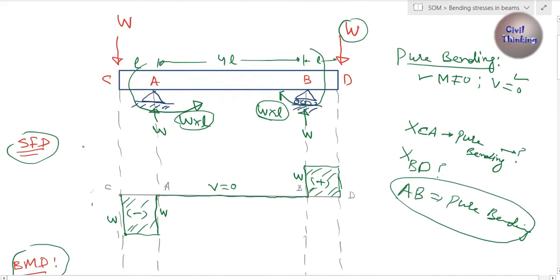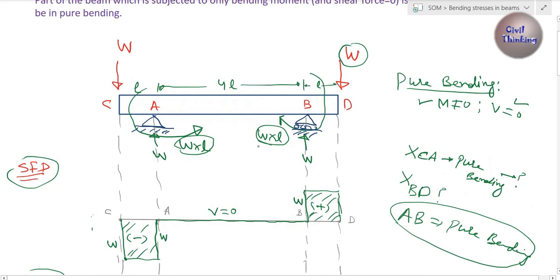So we can say in all of this beam only AB is in pure bending, because here shear force is 0 and moment is not 0, right? This section is called the pure bending section, and keep in mind you can apply the theory of pure bending only in the pure bending sections.